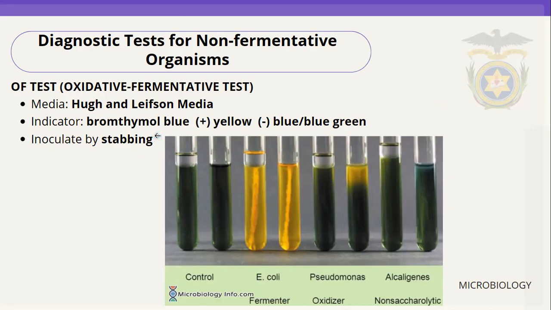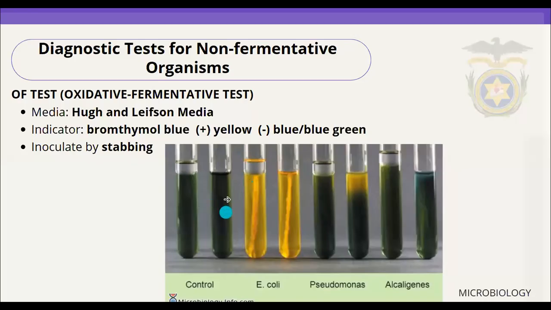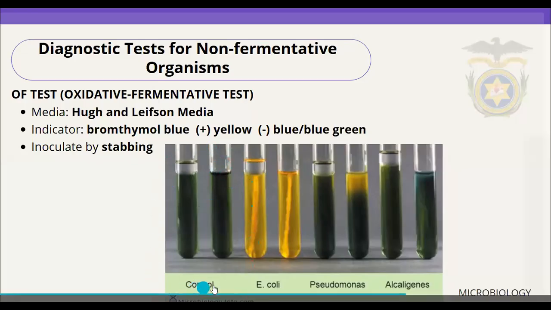In the OF test, we inoculate by stabbing. You can see in this picture that the first two tubes are the control. The second set shows the growth of E. coli, the third set shows the growth of Pseudomonas, and the last two tubes show the growth of Alcaligenes species.